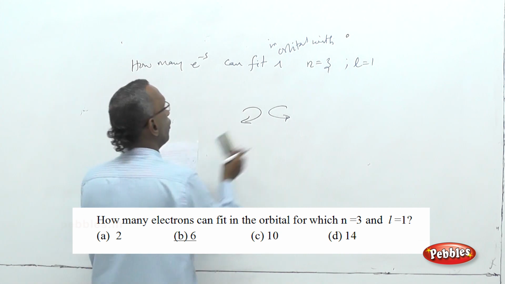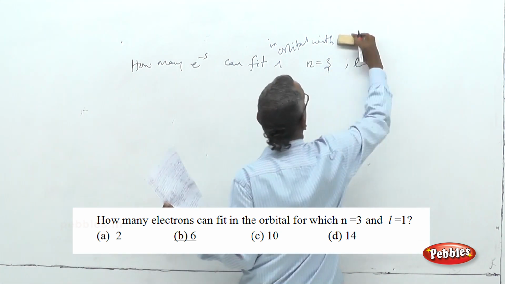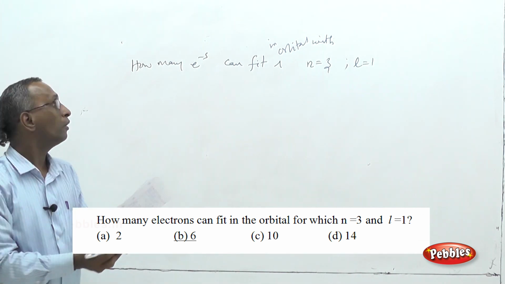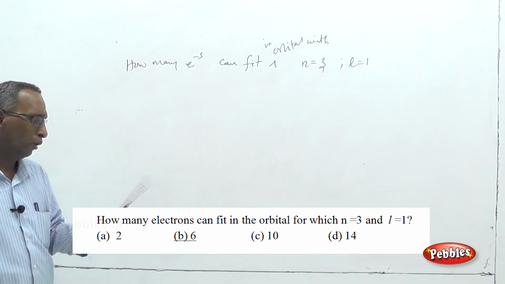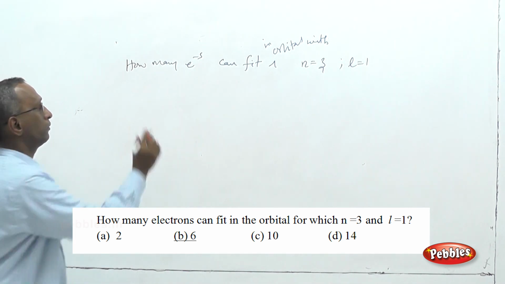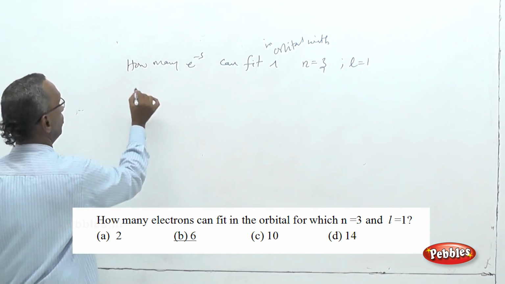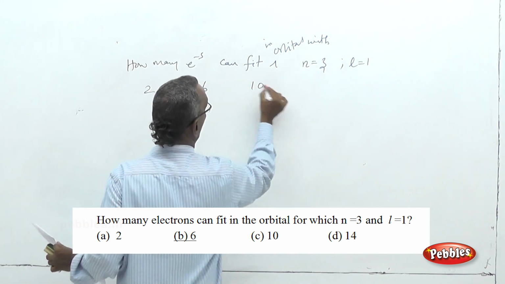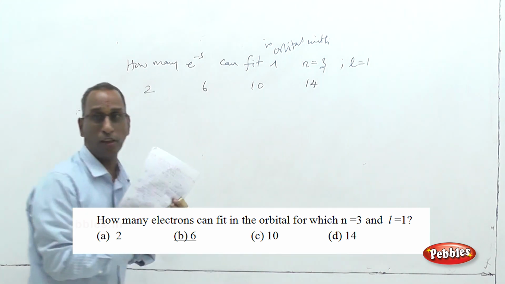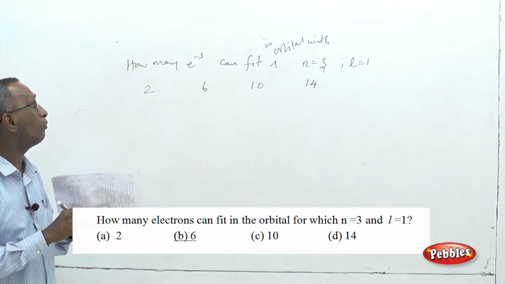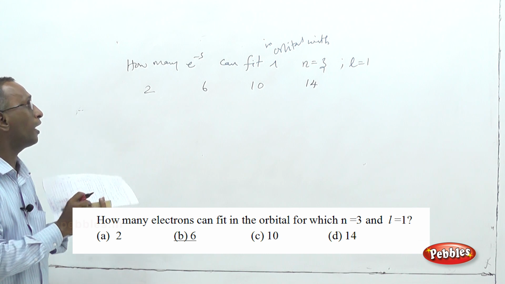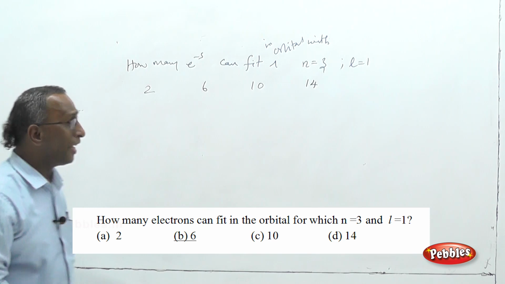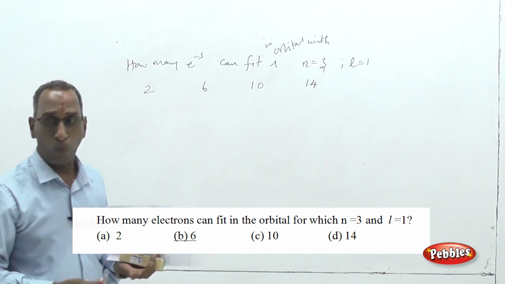The question asks how many electrons can be fit into the orbital with n value equal to 3 and L value equal to 1. There are 4 choices given: 2, 6, 10, 40.